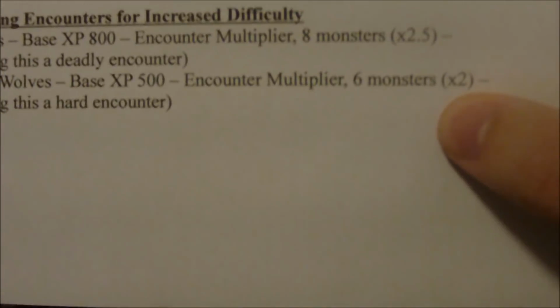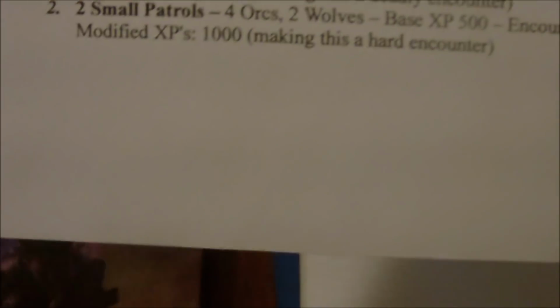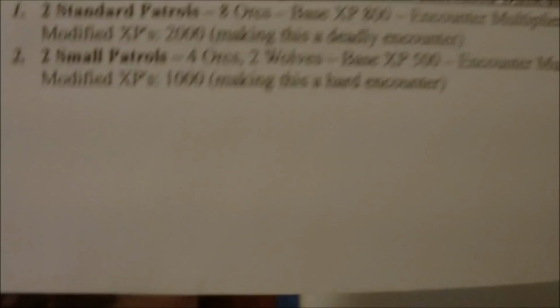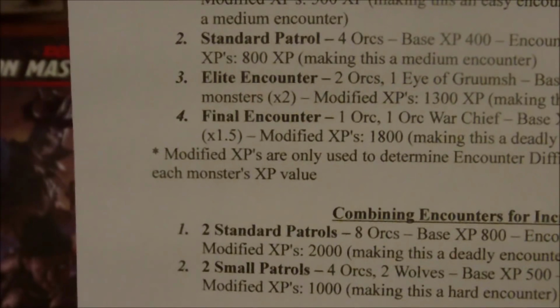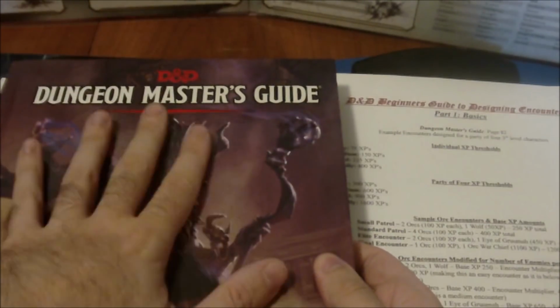There are 6 monsters, so again that is only times 2, which is our standard one. So the modified experience points for this encounter would be 1,000, which makes it a hard encounter, fighting against 4 orcs and 2 wolves, but doesn't necessarily make it a deadly encounter. So that's sort of how they want you to use the book.